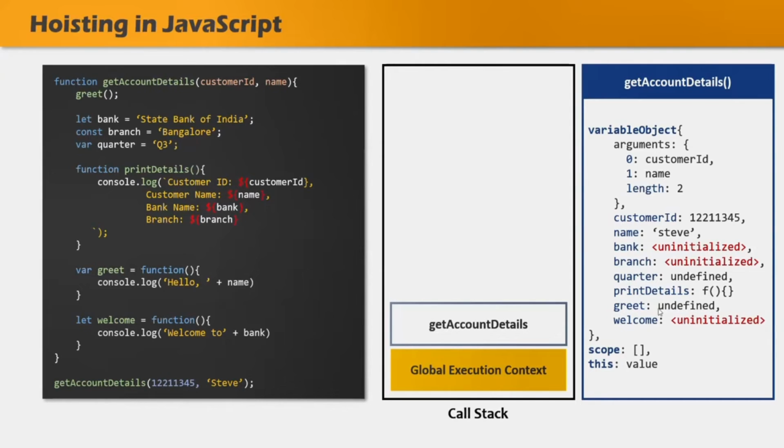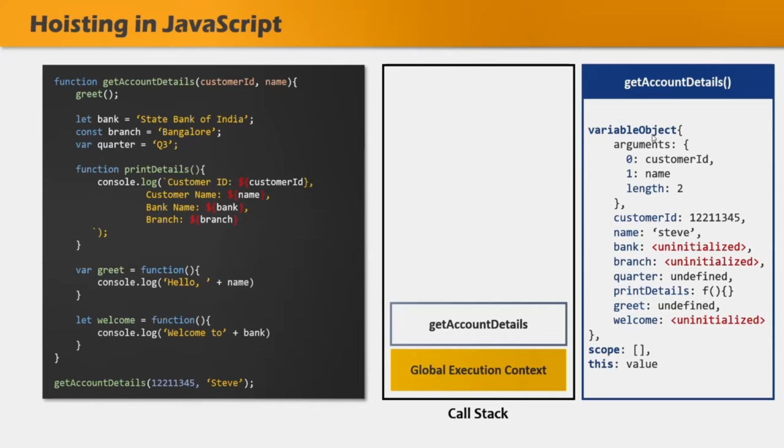Why? Because this greet is a variable created using the var keyword, so it is going to store the value undefined. And when we try to call this greet function at this line during the execution phase, currently greet is assigned undefined. So when the execution phase starts and the JavaScript engine finds this line, it sees that we are trying to call greet.